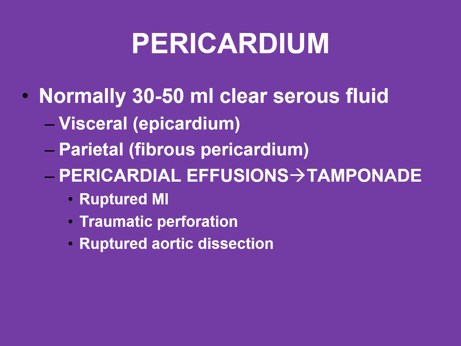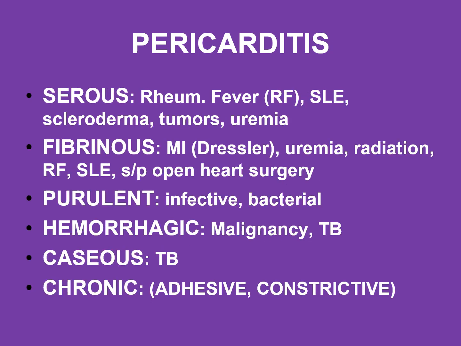And then we have your pericardium, normally about 30 to 50 ml of clear serous fluid. We see a lot of pericardial effusions in our center because of tamponade. It can be due to ruptured MI, traumatic perforation, or even aortic dissections. How about pericarditis?